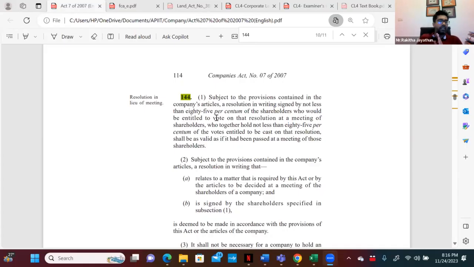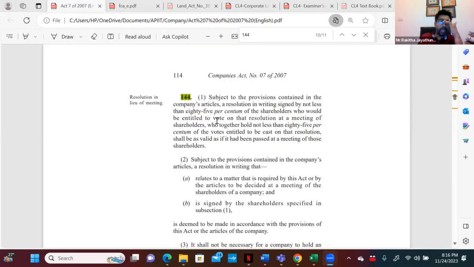It doesn't prohibit. Therefore, there is no prohibition. Hence, this company given in the question can pass resolutions in lieu of meeting, as it is not prohibited by the model articles. That is another thing that you have to mention in your answer.